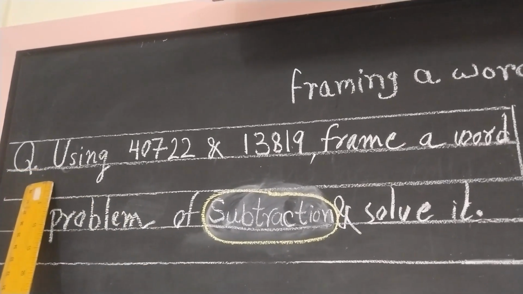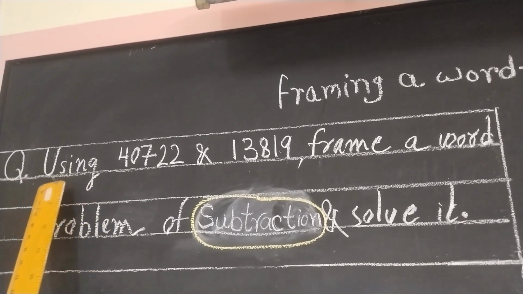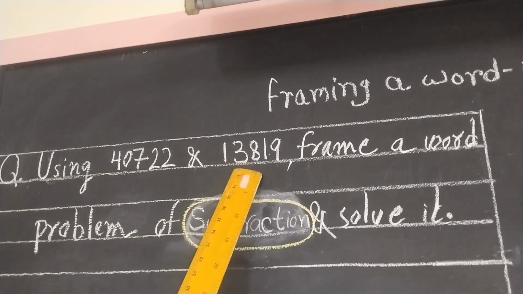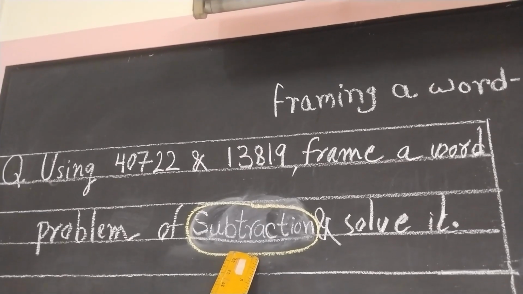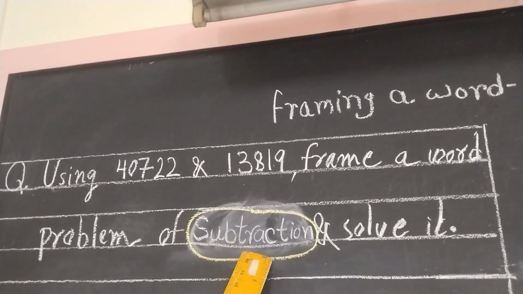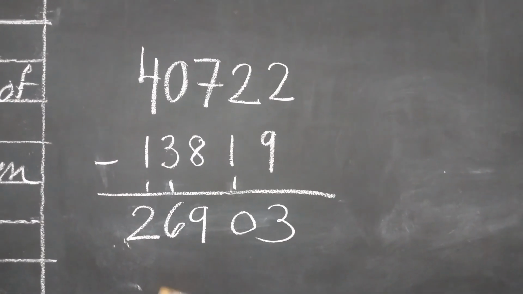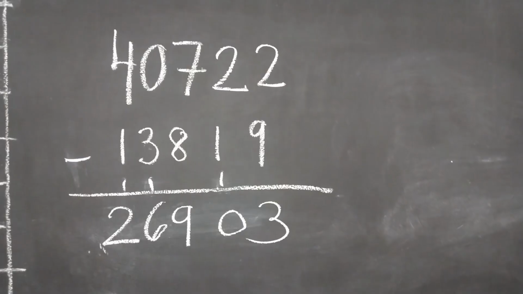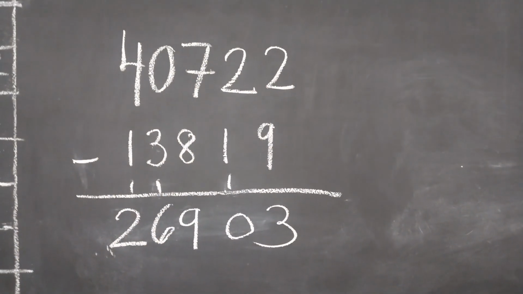Now let us come to the second question. In the second question, you are finding that the figures are the same, but the instruction given here is subtraction. So here you may go wrong, and hence you will have to circle it. Imagine that in a village, we are going to build a road, and these are the total number of men.